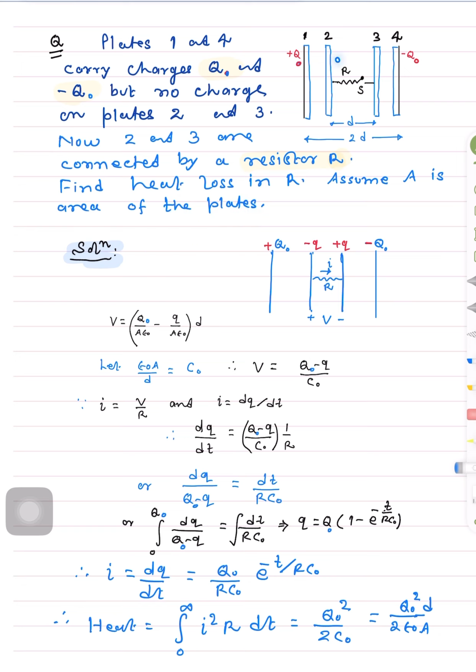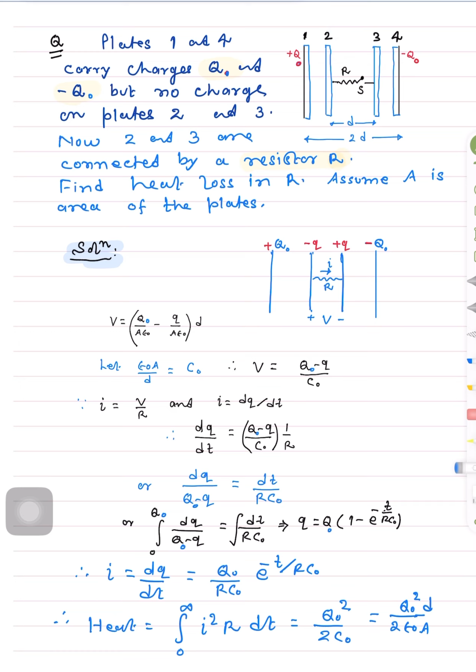There is already some field here, and that field will be producing potential difference. Due to that potential difference, the current will start. But as the current starts, charge will start flowing from this plate to this plate. Though this plate has zero charge, this plate had zero charge.